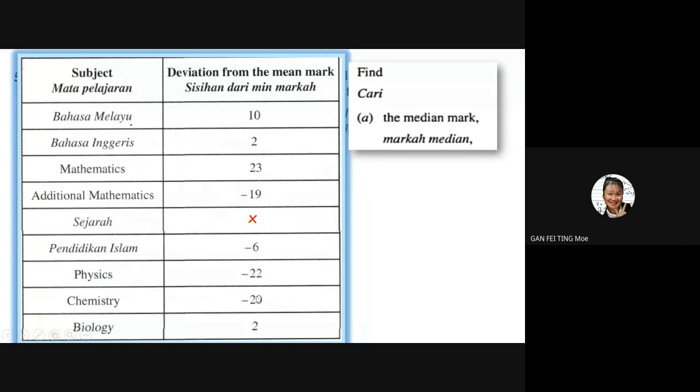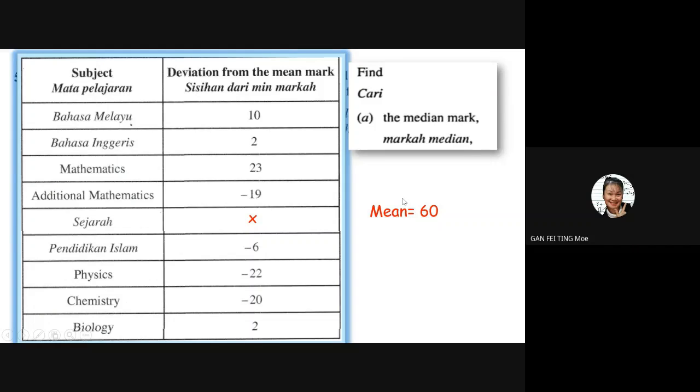Kamu perlu susun markah mengikut urutan, sama ada sisihan dari min ataupun markah sebenar peperiksaan ujian itu. Tapi masalah dia sejarah kita tak tahu. Kamu langkah pertama, you have to get to know what is the mark for sejarah. Okay, so now min diberi sebagai 60. This is my key point to my solution.